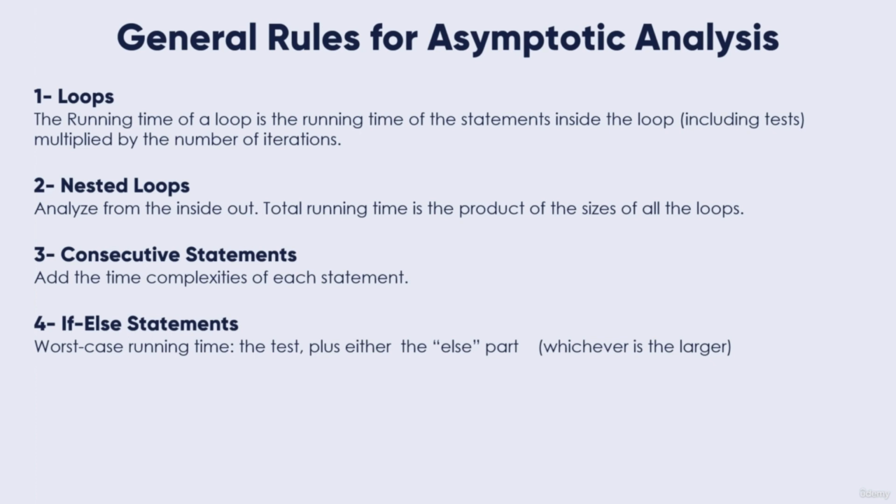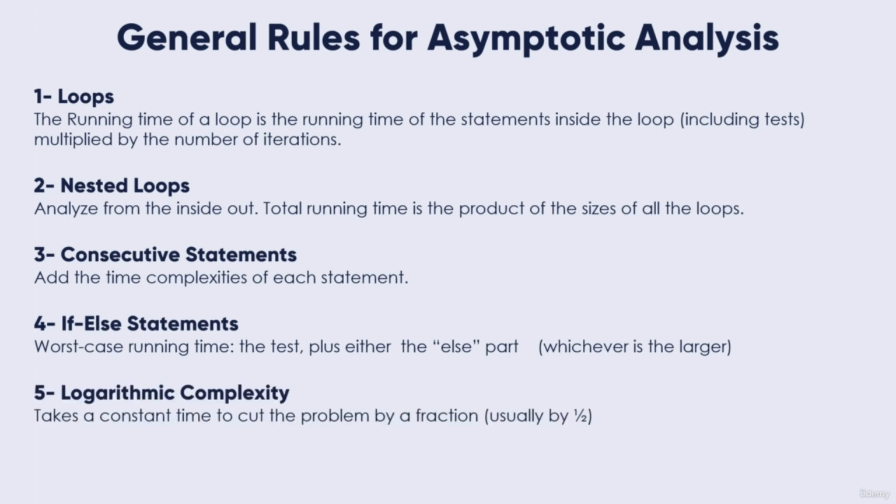If the else is the worst case, we take the else complexity. If the if part is more complex or the worst case, we take it.